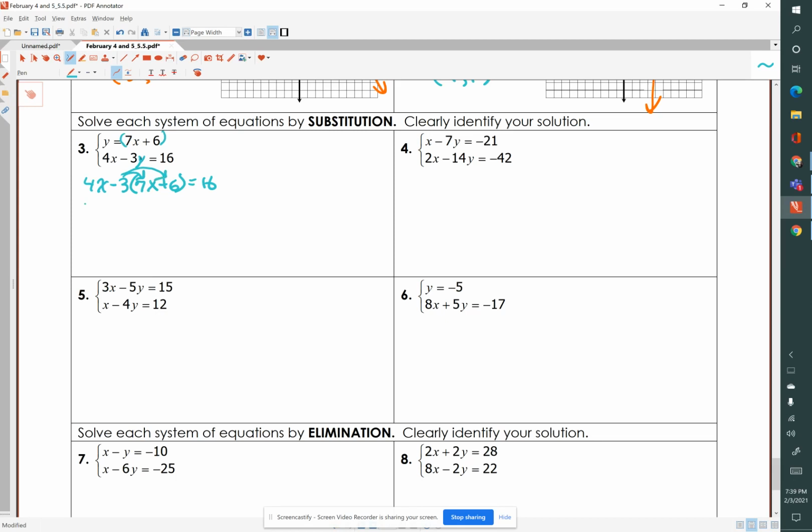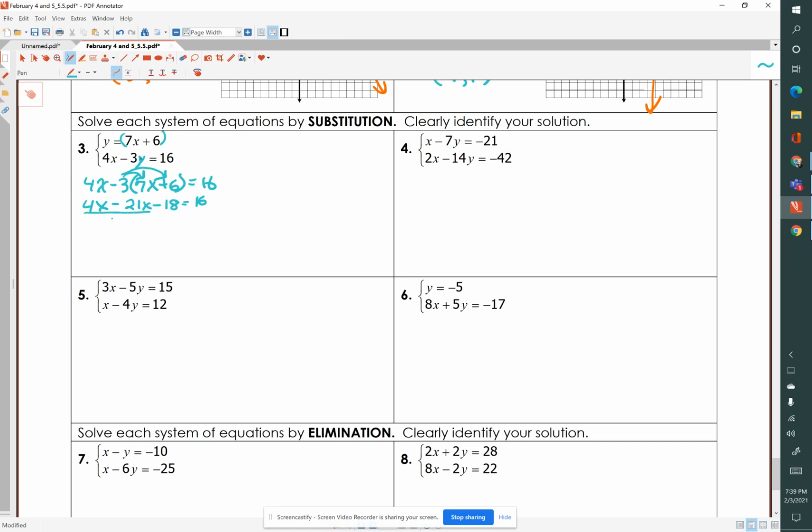We will distribute: 4x minus 21x minus 18 equals 16.